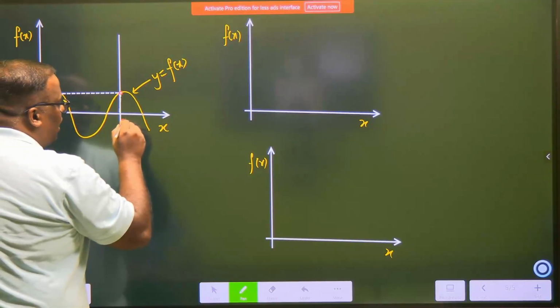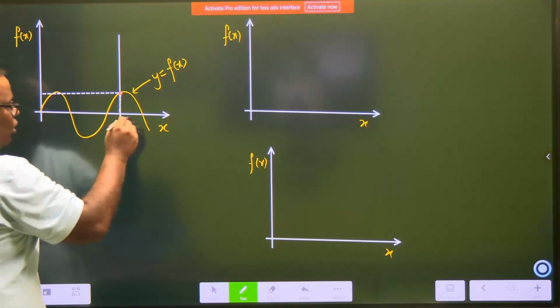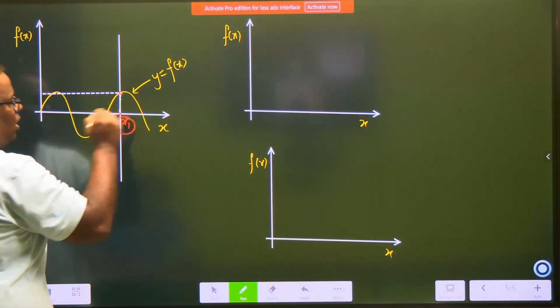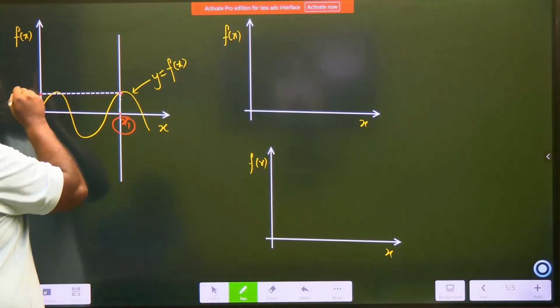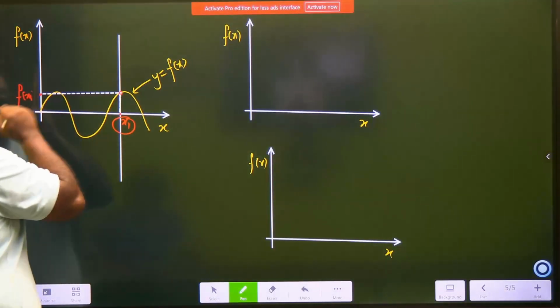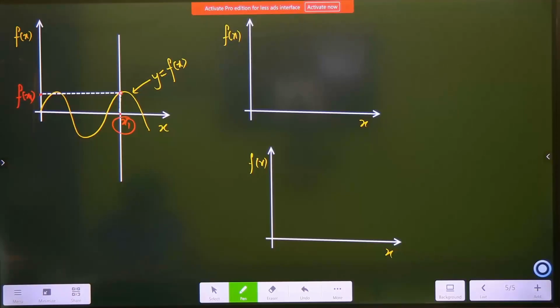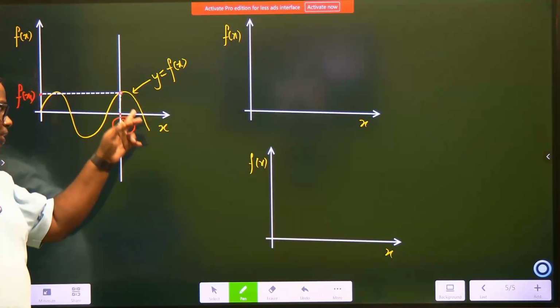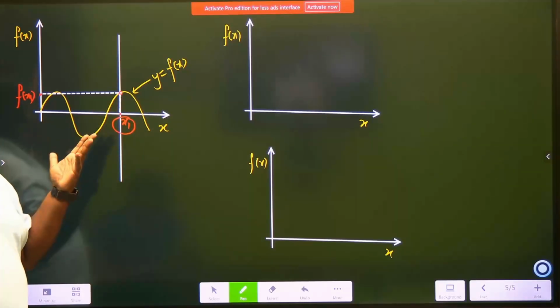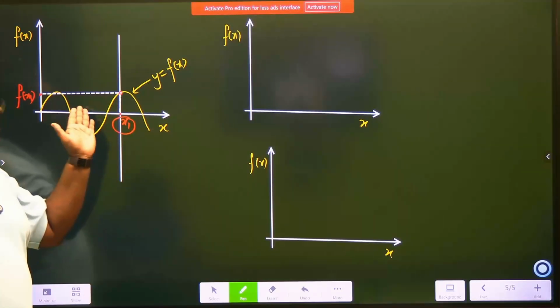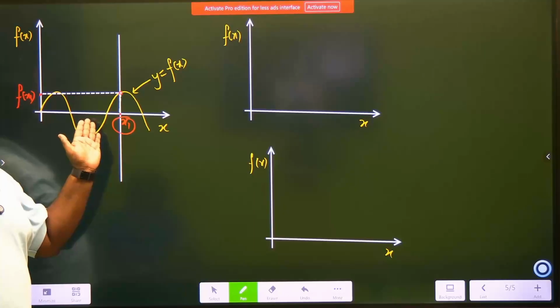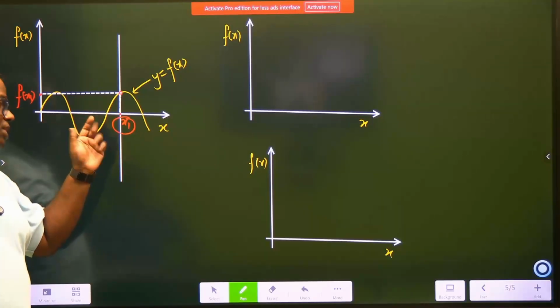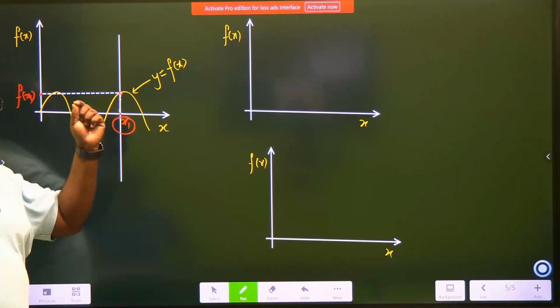I call it a value x1, and for this x1, the function value is f(x1), right? And now tell me, for this particular input, do you get any other point on the yellow curve? No. That means this is a function, because for a function, for every input, we should get one output.